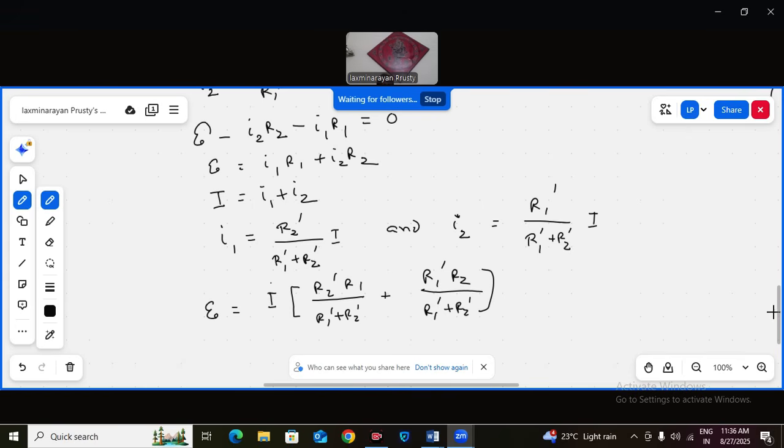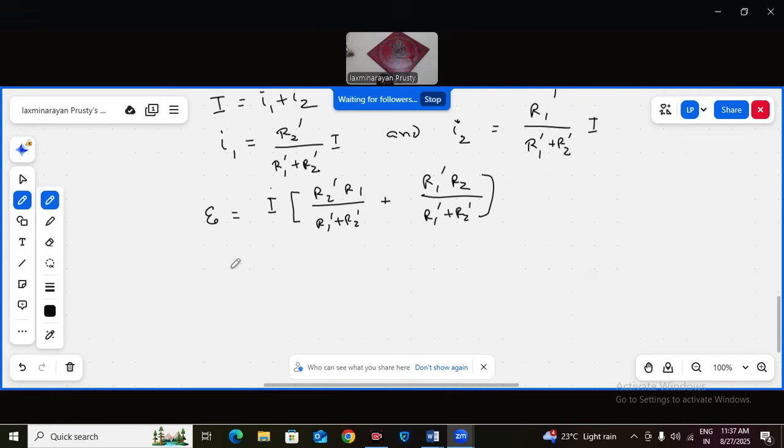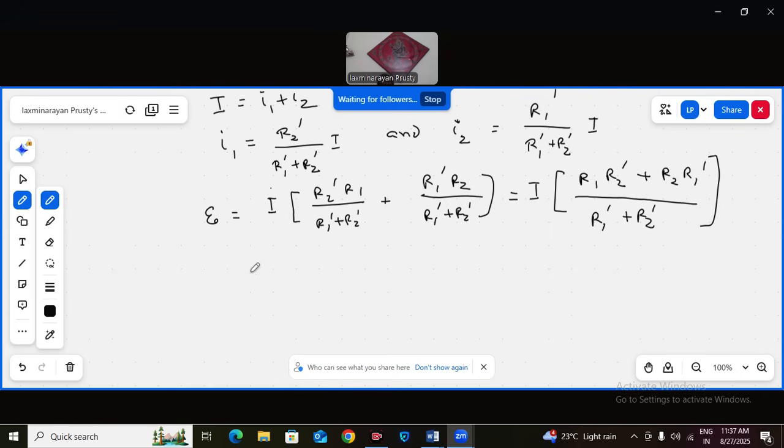So my job is done. So what is the R equivalent? This I can write as R1 R2 dash plus R2 R1 dash by R1 dash plus R2 dash. As you know, E is the EMF of the source divided by the total current I through the circuit, so this ratio will be this.